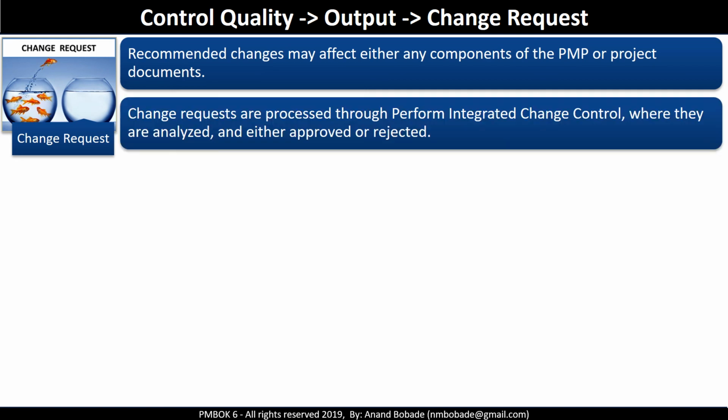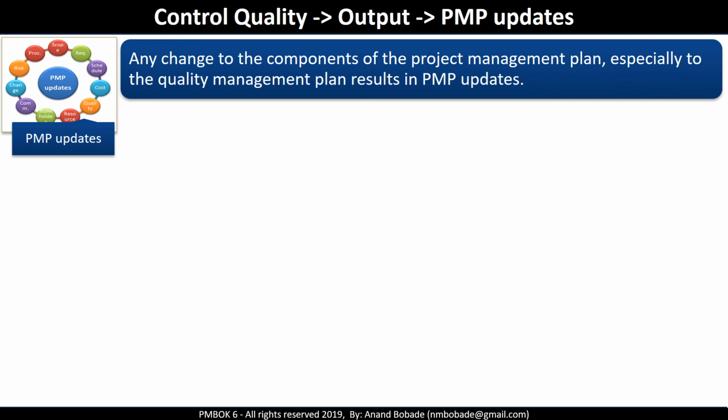Change requests are processed through the perform integrated change control process where they are analyzed and either approved or rejected. Project management plan updates. Approved change requests may result in updates to components of the project management plan, especially to the quality management plan.